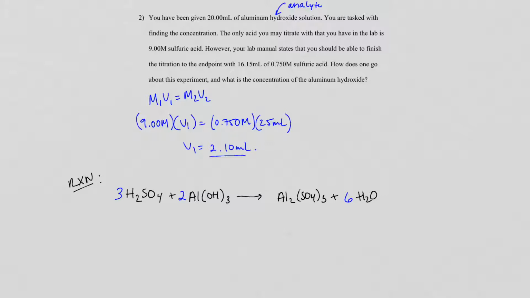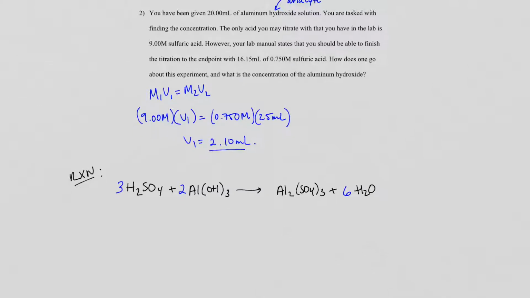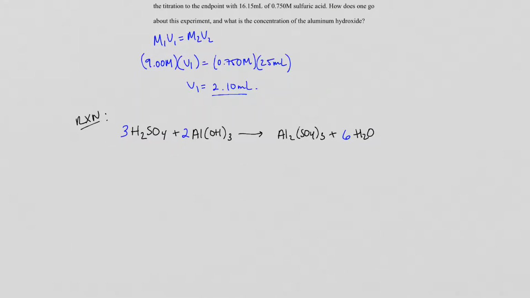So now we can find out how many moles of sulfuric acid we have. We can convert that to aluminum hydroxide and find the molarity of aluminum hydroxide. So let's do that. We have 16.15 mils of 0.750 molar H2SO4.